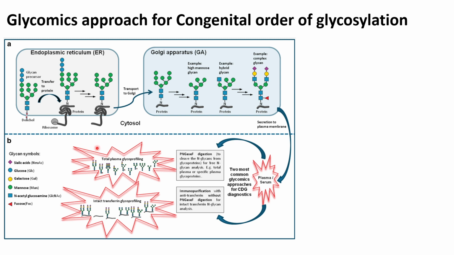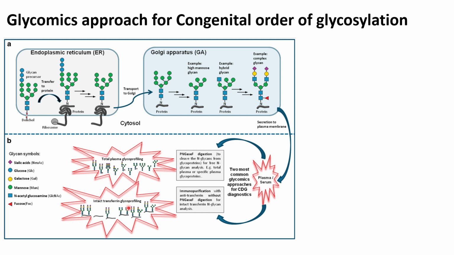However, the advantage of total plasma glycoprofiling is that you will get the total glycans that are present within the plasma, and not just a few glycans of our interest.